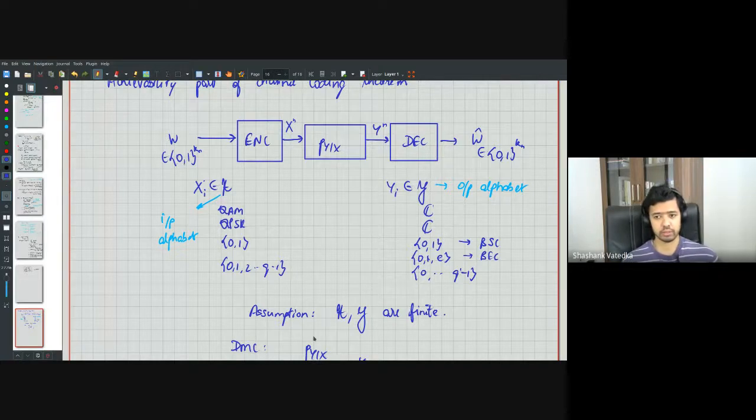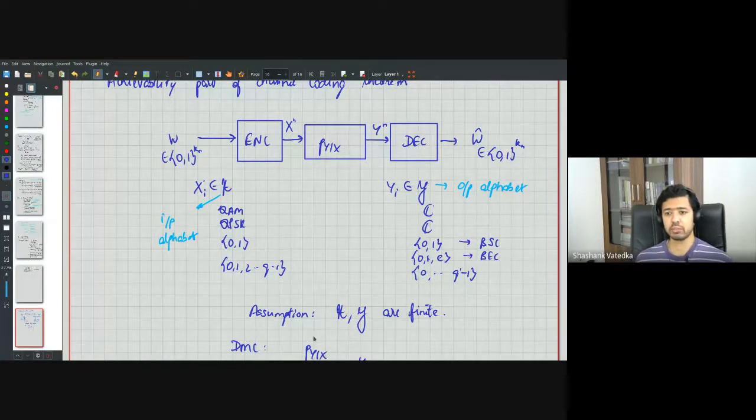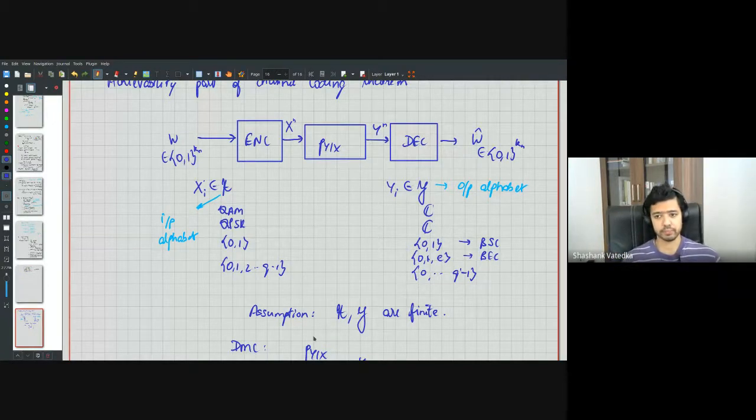At the same time, the decoder is going to be another function, which could be a many-to-one function potentially, which maps y^n to a particular message w. You receive a y^n, and the goal is to partition the y^n space into different regions, each of which corresponds to a particular message sequence.